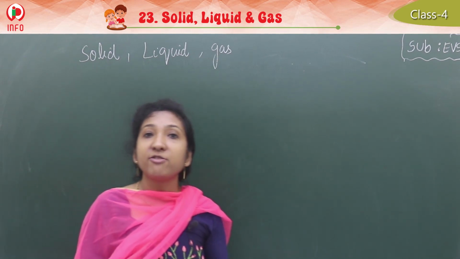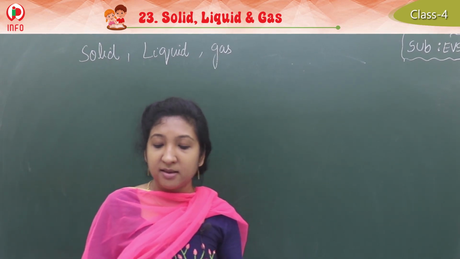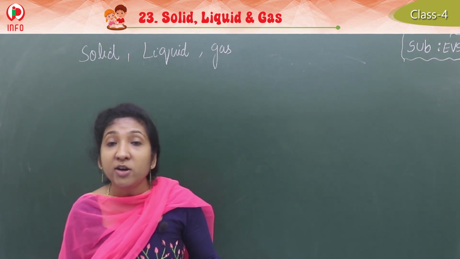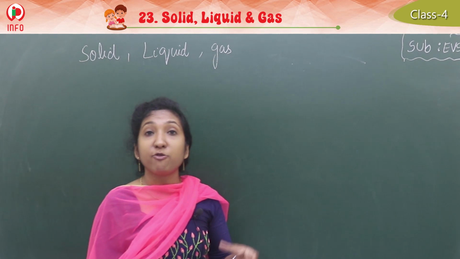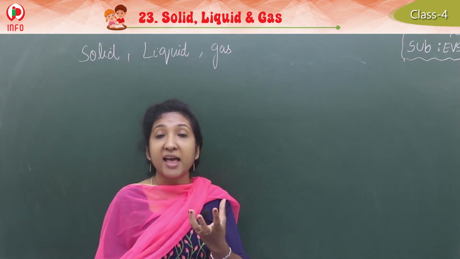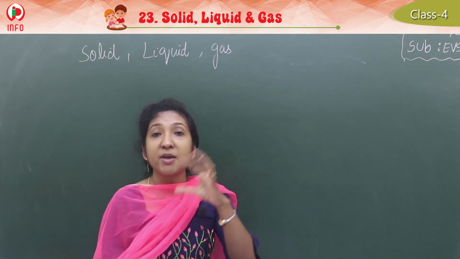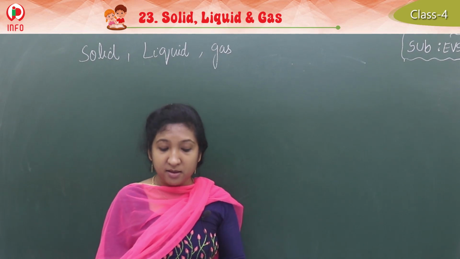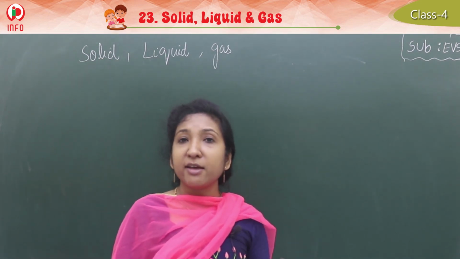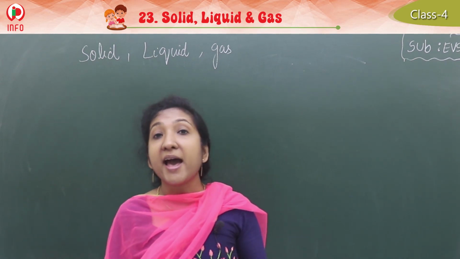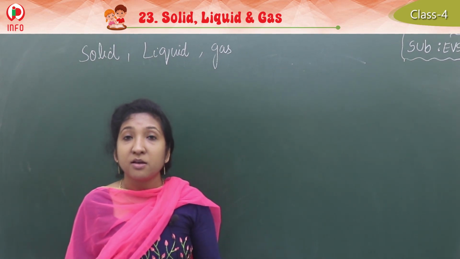Only the shape changes. Water takes the shape of the glass when we pour it from a jug to a glass. So liquids do not have a definite shape, but they have a definite volume.